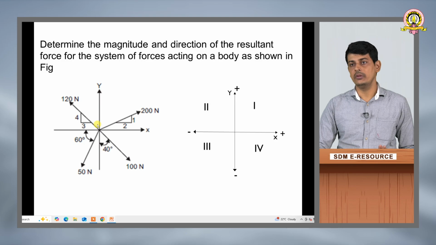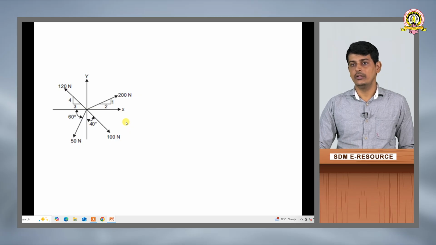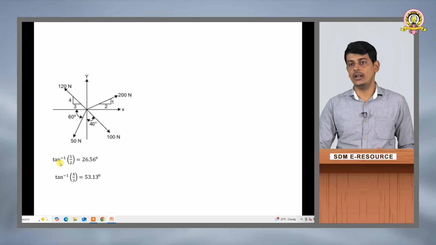Before proceeding, we need to convert them into angles in degrees. This is a very simple thing. The 200 Newton force has one vertical, two horizontal, so using the trigonometric relation, tan inverse of 1 by 2 works out to be 26.56 degrees. In the same way, tan inverse of 4 divided by 3, that is vertical divided by horizontal, gives 53.13 degrees. Both angles are with respect to the horizontal or x axis.